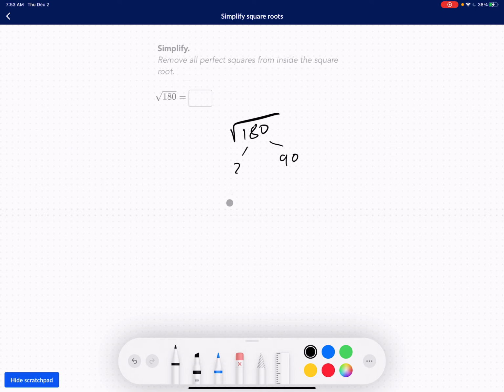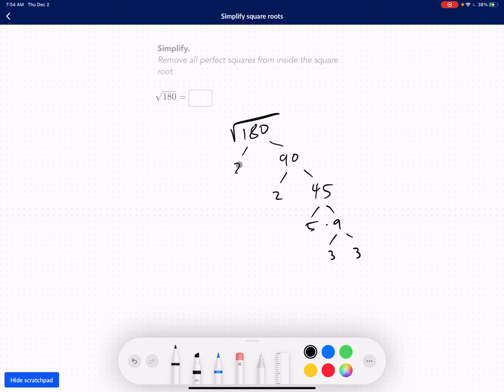2 times 90, right? 2 times 90 is 180. And then let's do 45 times 2, or 2 times 45. So 2 times 2 is 4, 4 times 45 is 180. And then we got 9 times 5, 5 times 9. And then 9 is 3 and 3.